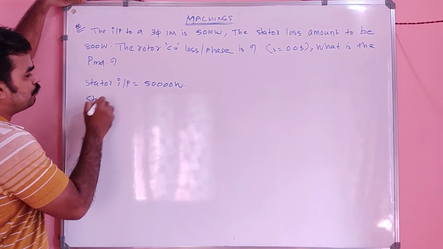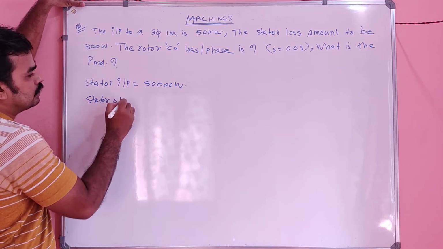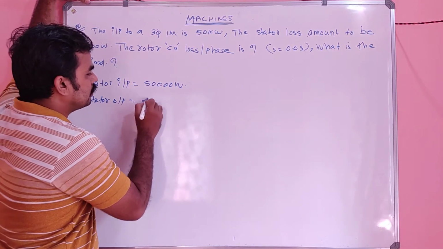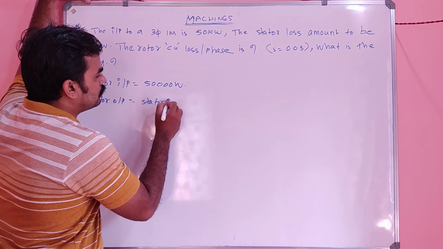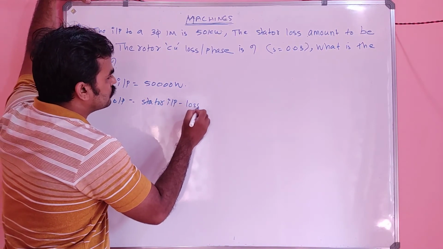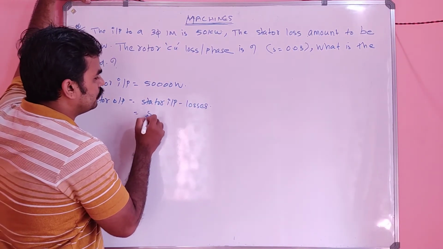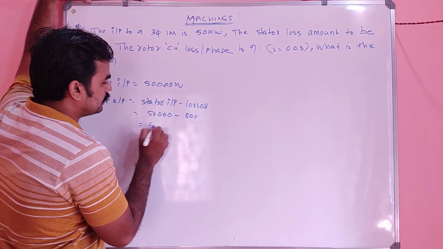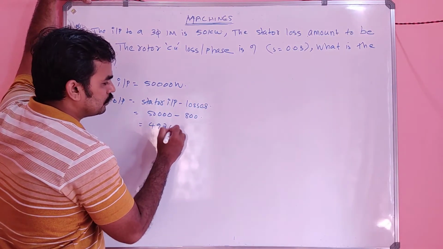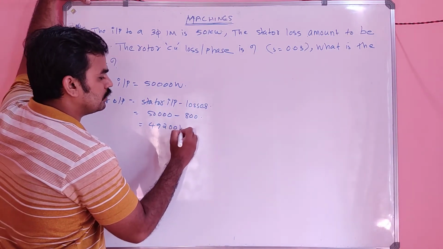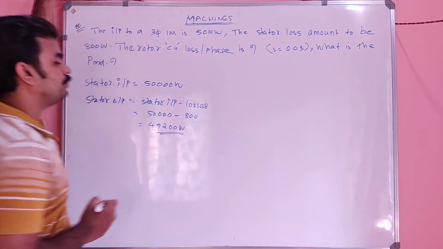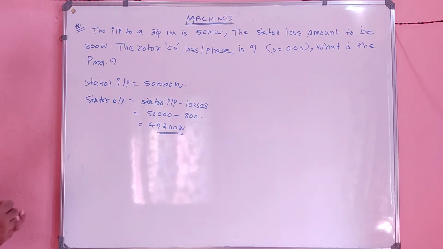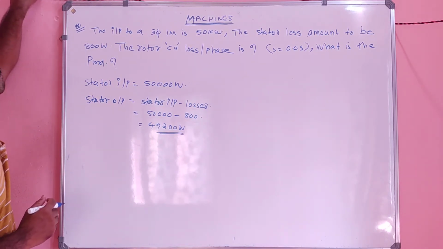So the stator output will be stator input minus losses, which is equal to 50,000 minus 800, which is 49,200 watt. So that is the stator output.